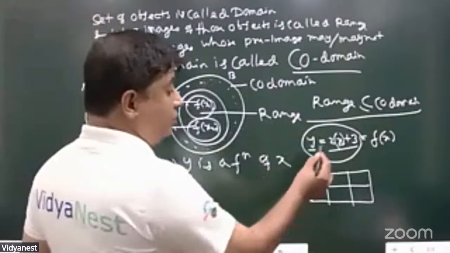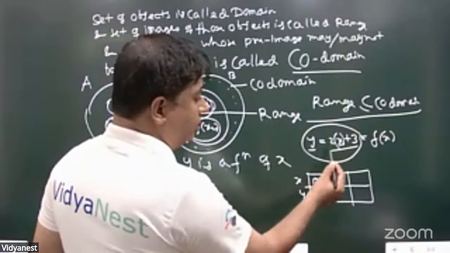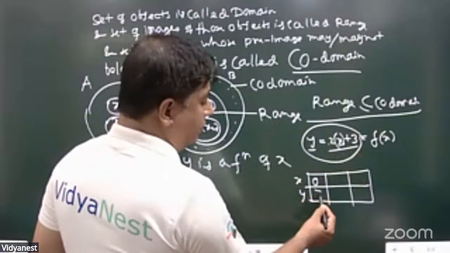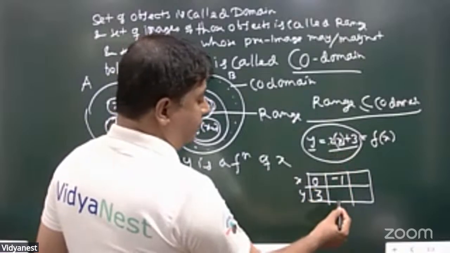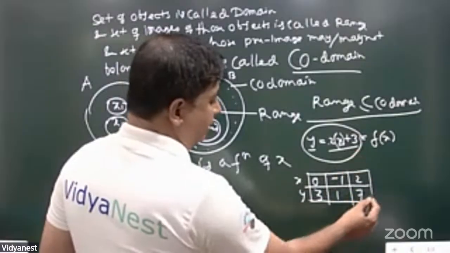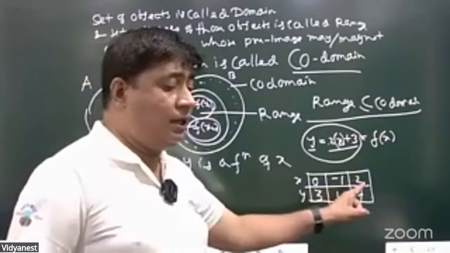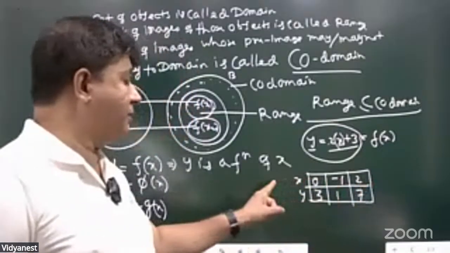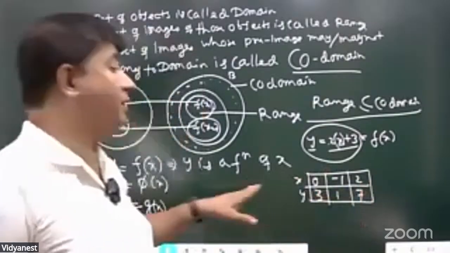So we used to take 3 independent variables. Suppose x is 0, then Y would be 3. X is minus 1, Y would be 1. X is 2, Y is 7. So we used to take 3 independent variables, and against them we used to get 3 dependent variables.